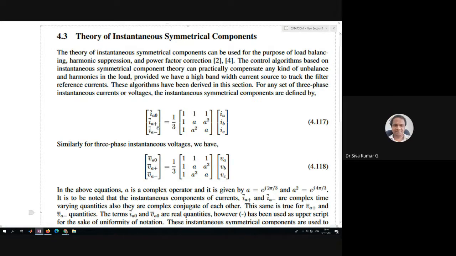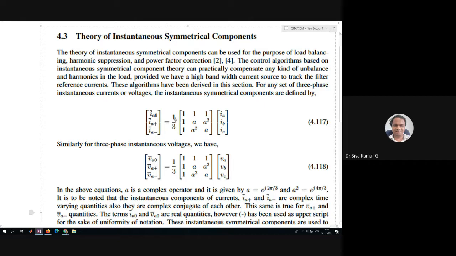In the last class, we have been discussing the topologies. I discussed the topologies for a three-phase four-wire system, and we also saw the topologies for a three-phase three-wire system. I also discussed the algorithms.